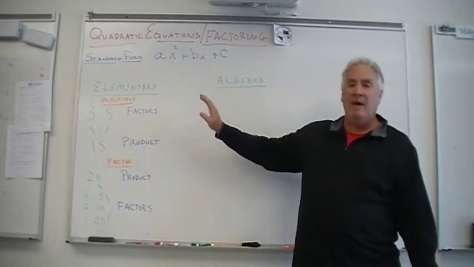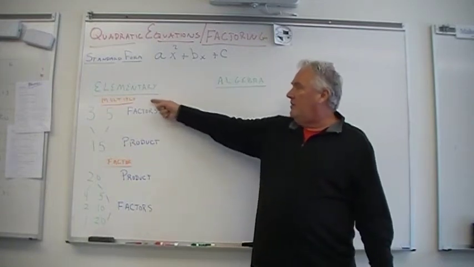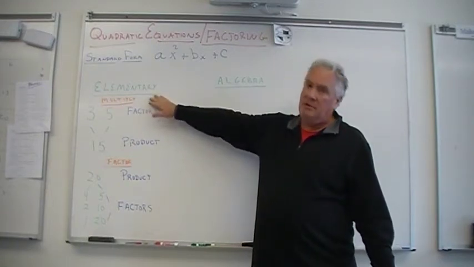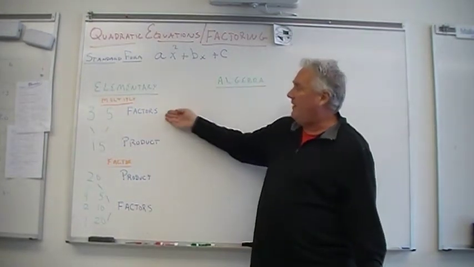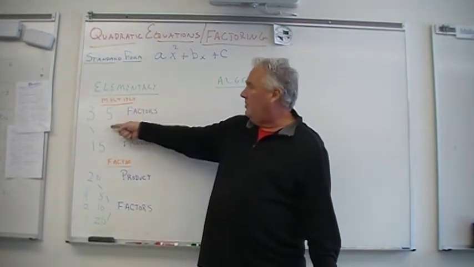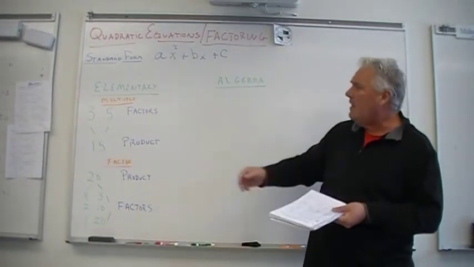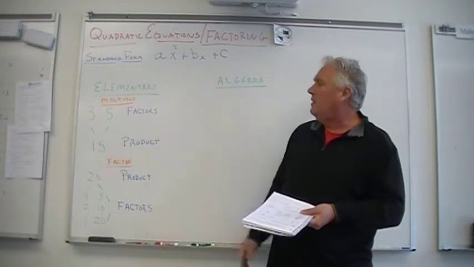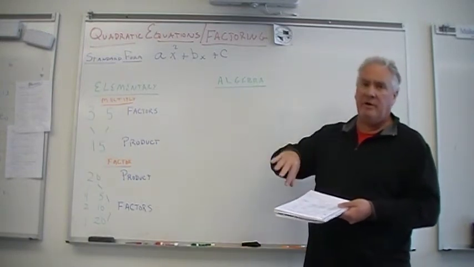What do you know from elementary and middle school? From back in the day, you guys learned back in second and third grade to multiply. And that 3 times 5 are the factors, and that when you multiply them together, you get 15. And that's considered a product. You also then learned at the same time to go in reverse.